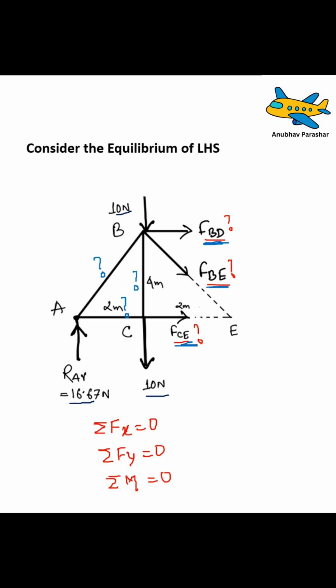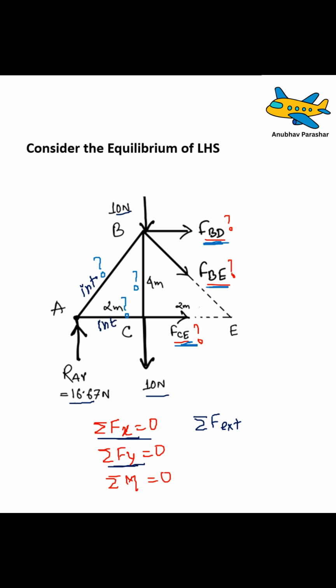The reason is because when you write these equations, this summation of forces is basically summation of external forces, right? And the force in the AB member is an internal force, and the force in the member AC is an internal force.